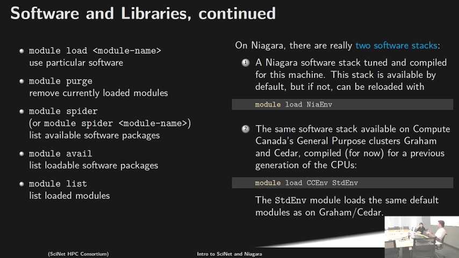If you ever have two projects that run at the same time, where one has to use an old compiler and the other has to use a new one, having defaults just gets in the way. You can make your own defaults if you want, but we haven't set anything up. But Graham and Cedar, being general purpose and trying to make an easier entrance, have a compiler loaded. I think there's a Python loaded. There's an MPI compiler loaded in this StdEnv.